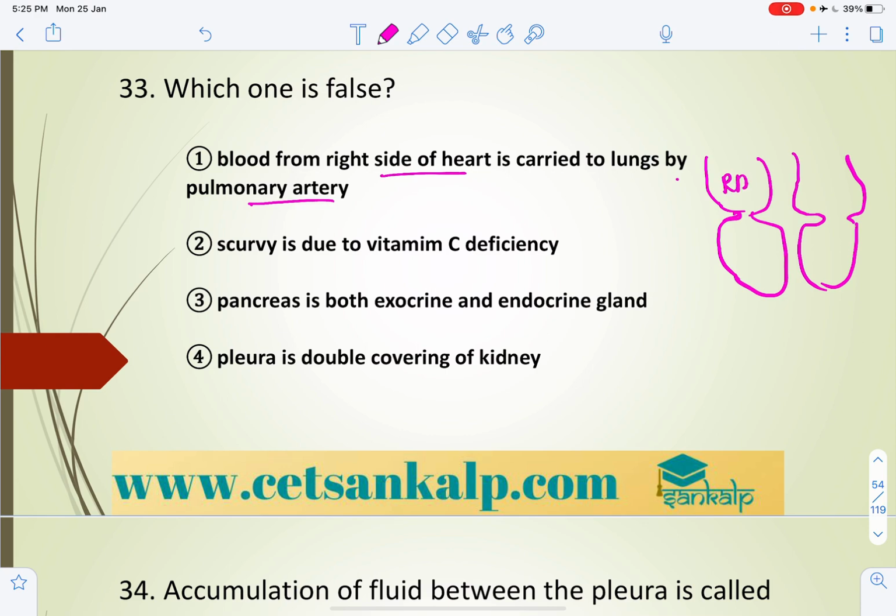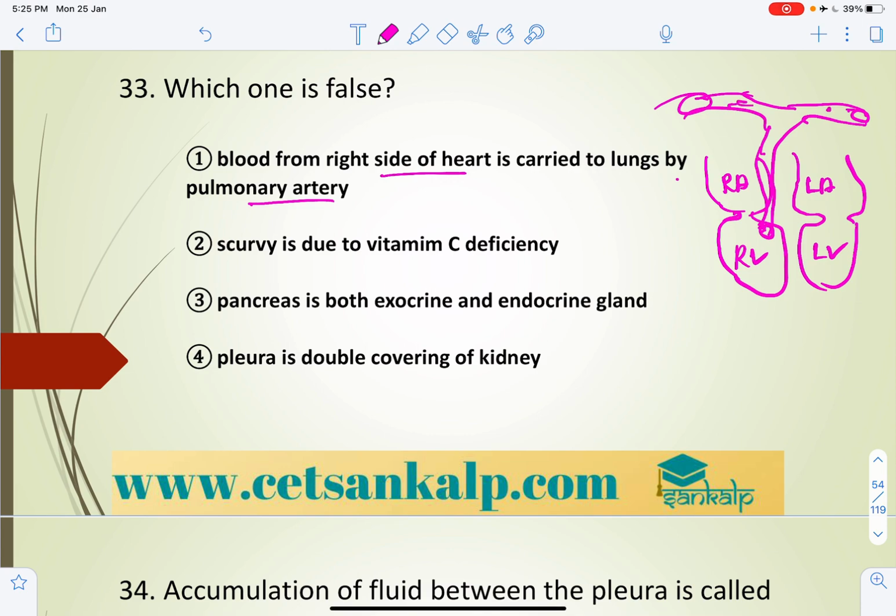This is the right auricle and this is the left auricle, and this is the right ventricle, left ventricle. From the right ventricle, this deoxygenated blood goes through the pulmonary artery, the artery exception, which carries deoxygenated blood to the lungs. It divides into two for both lungs, right?